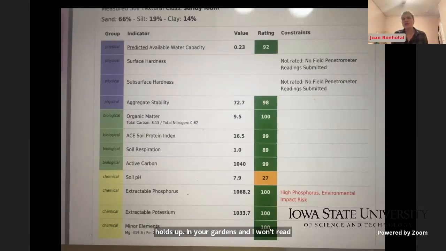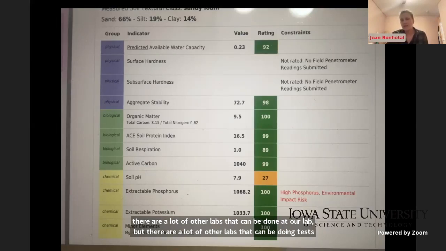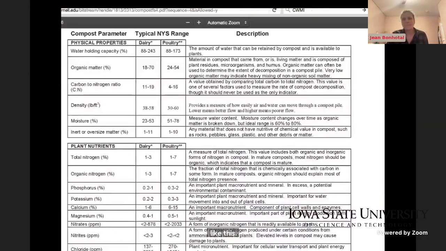It just gives you this information. Is it a sand, silt, and clay, and how much of each? What is the hardness? What is the aggregate stability, the organic matter? And these are tests that can be done at our lab, but there are a lot of other labs that can be doing tests like this. This happens to be a soil health lab specifically, and that's the results from that.